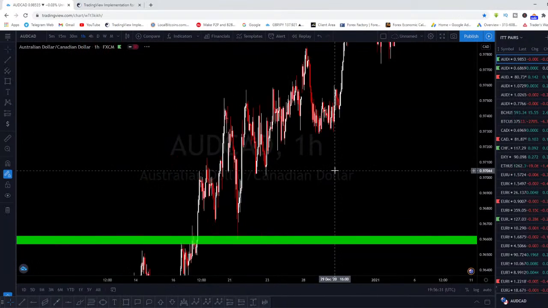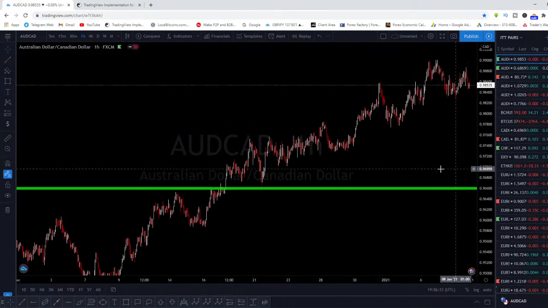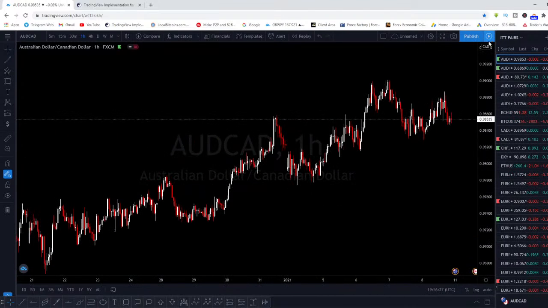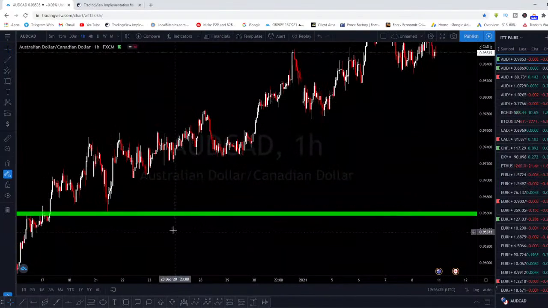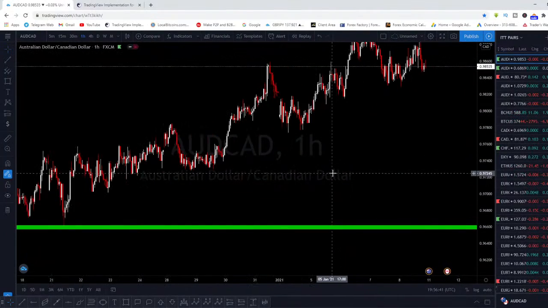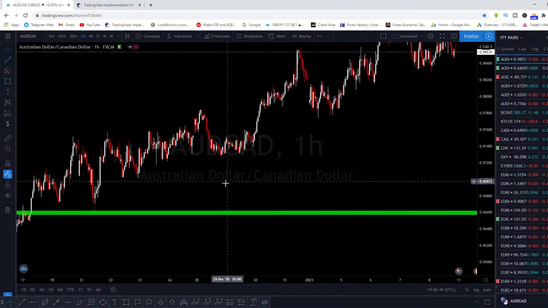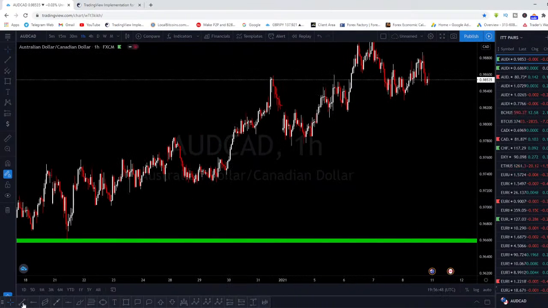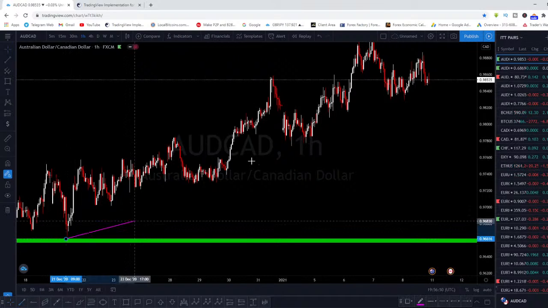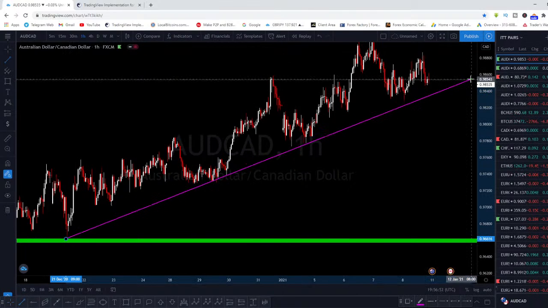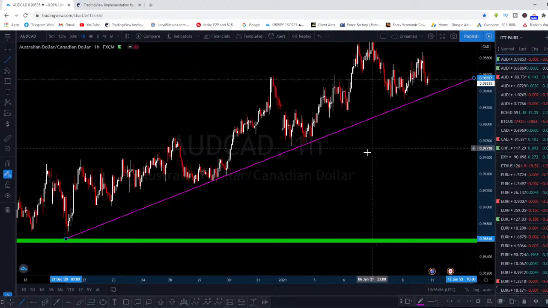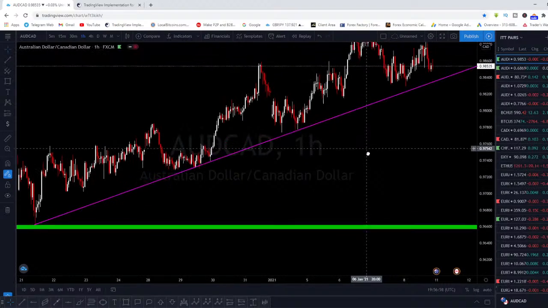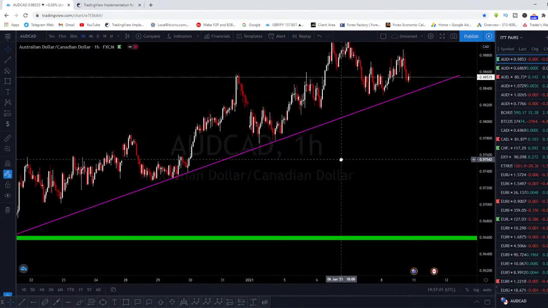Just keep in mind this support level, I mean resistance, on the daily time frame. So right now what I'm seeing on AUDCAD is this is how our trend line is going to look. This is the trend line right now on the 1 hour time frame.